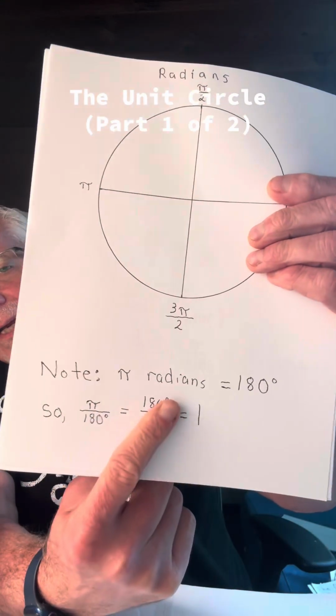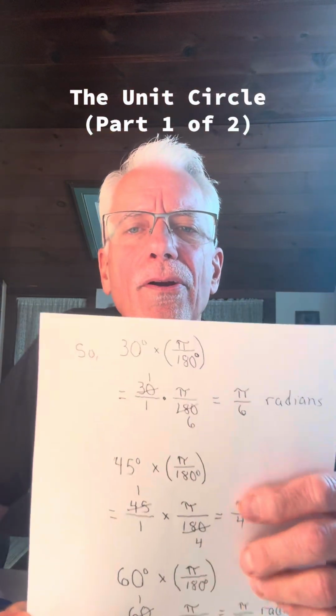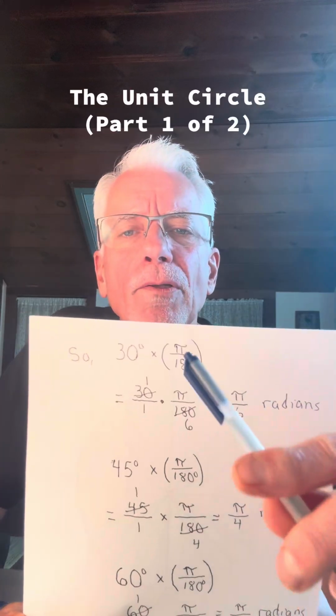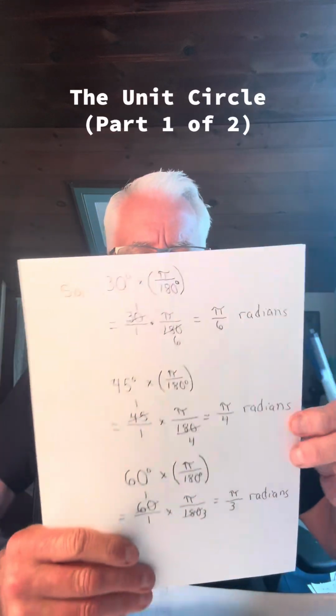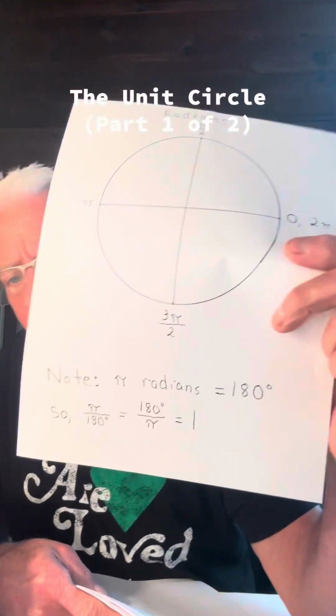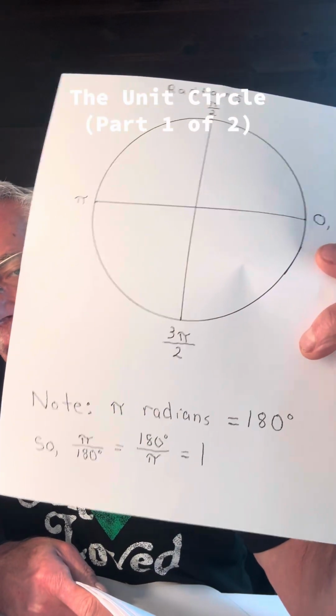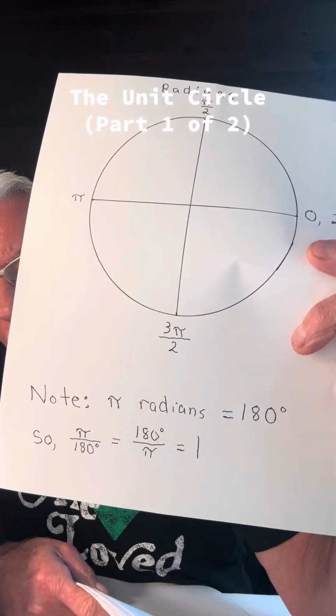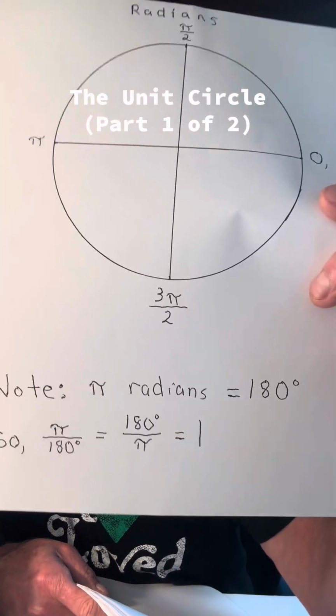I'll show you that in the second video. Actually, I'm going to show you right now. 30 degrees, when I multiply it times 1, remember this equals 1: pi over 180 degrees or 180 degrees over pi equals 1.